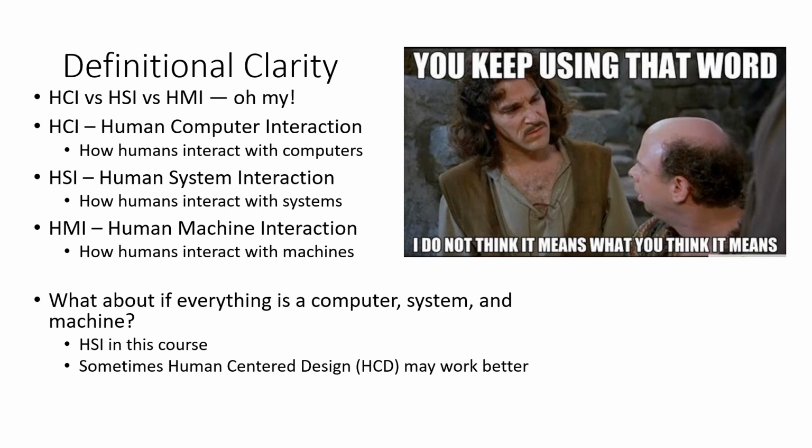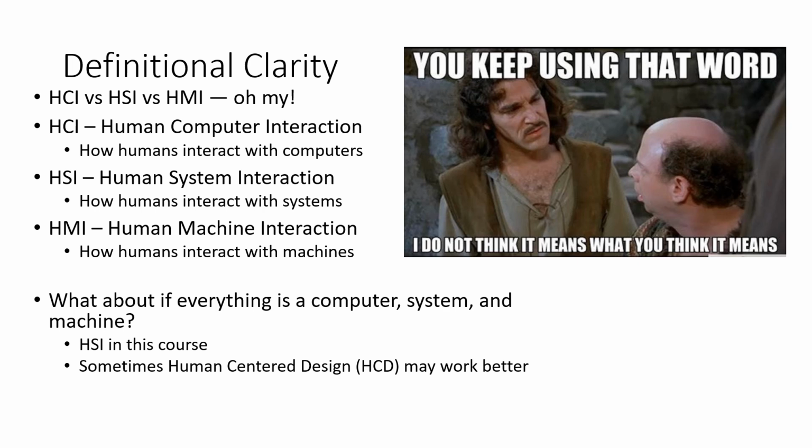Now, the problem in my mind, one of my axes to grind, is that they all seem redundant or collapsible into each other. We can just pick one. Because if we think about it, how do humans interact with machines? Typically by computers. How do they interact with systems? Typically by computers. How do we interact with computers?